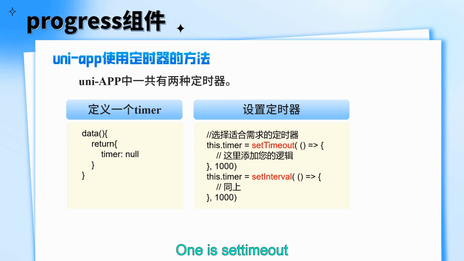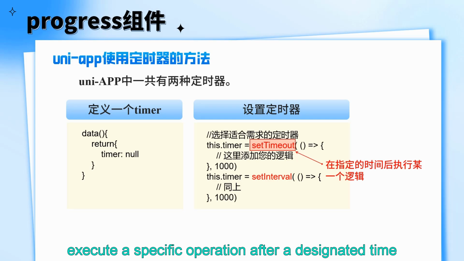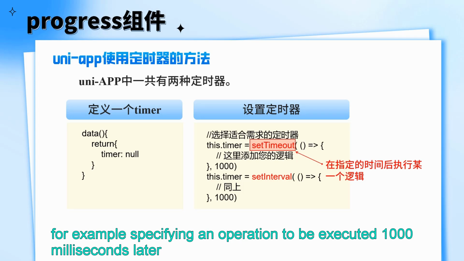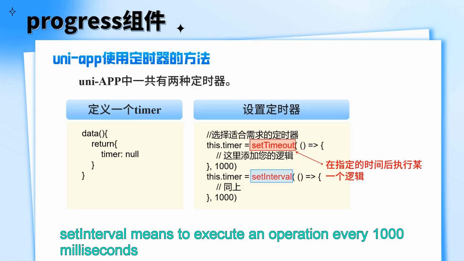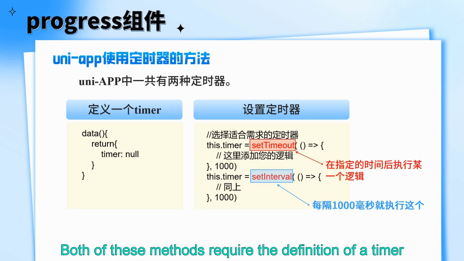One is setTimeout, and the other is setInterval. setTimeout is used to execute a specific operation after a designated time. For example, specifying an operation to be executed 1000 milliseconds later. setInterval means to execute an operation every 1000 milliseconds. Both of these methods require the definition of a timer.